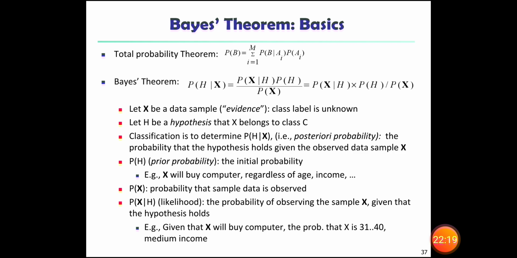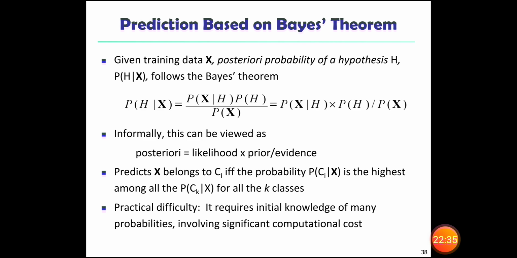So with respect to some attribute values like age and income, we are able to know the status of buy computer. So it is a prediction based on Bayes theorem.